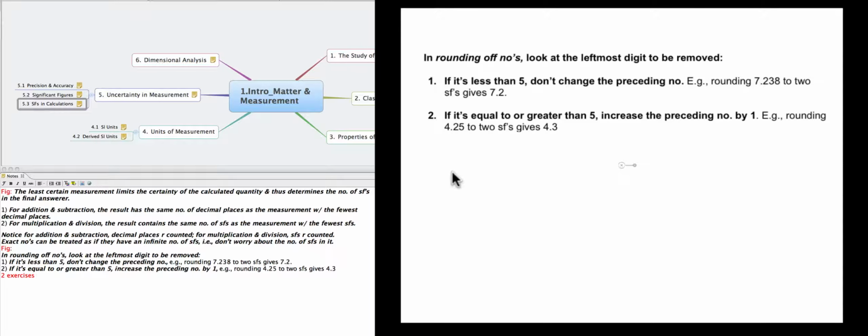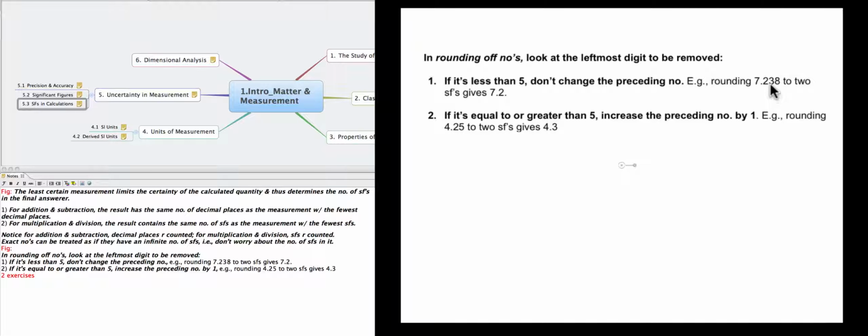Now, there are some rules in rounding off numbers. When you round off a number, look at the leftmost digit to be removed. If it's less than 5, don't change the preceding number. For example, if you're trying to round off 7.238 to 2 significant figures, 38 are the 2 digits you are going to remove, and 3 is the leftmost digit to be removed.